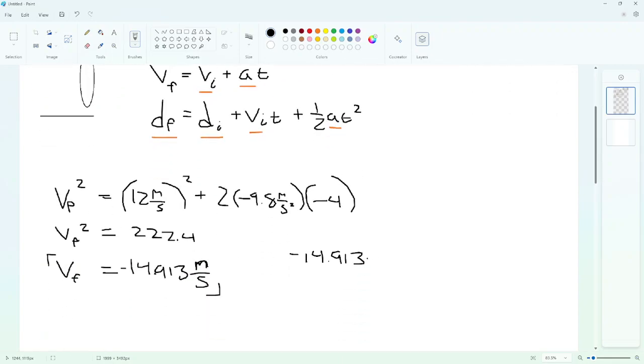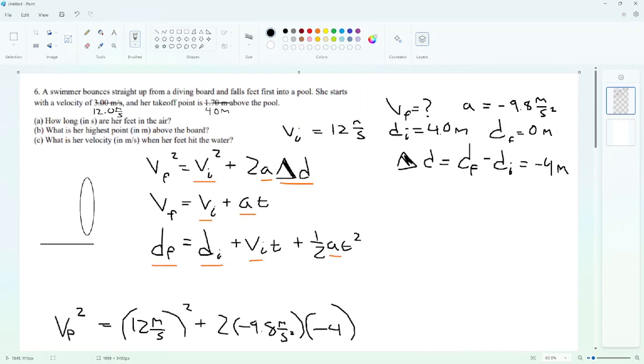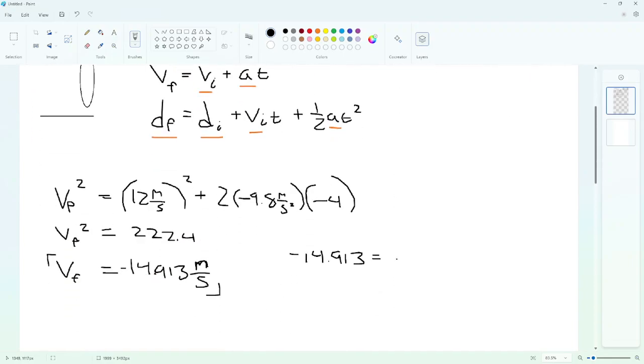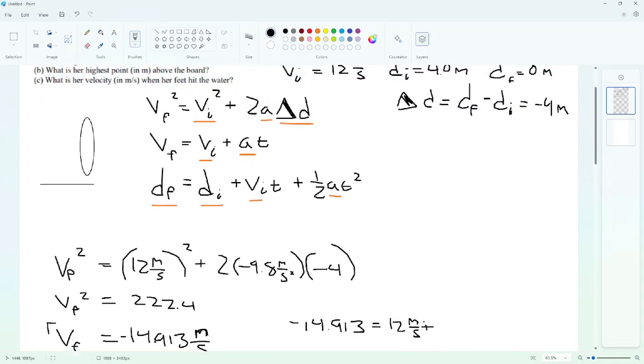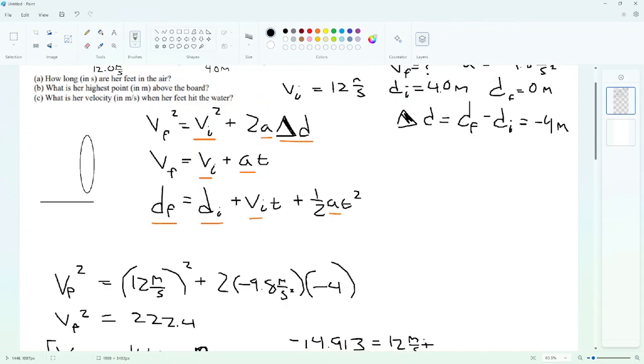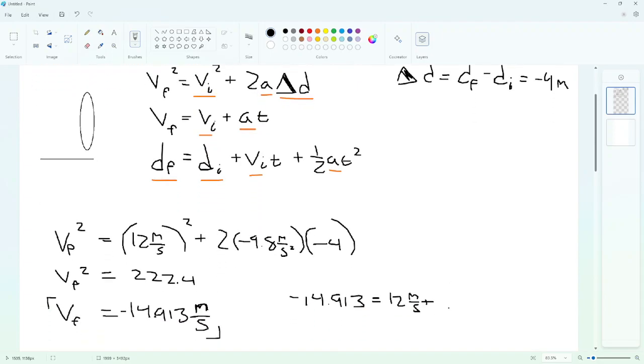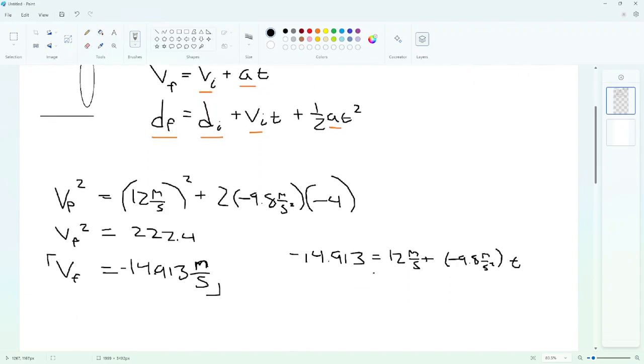So negative 14.913 is equal to the initial velocity, which is 12 meters per second, plus acceleration, which is negative 9.8 meters per second squared, times t, which is unknown.